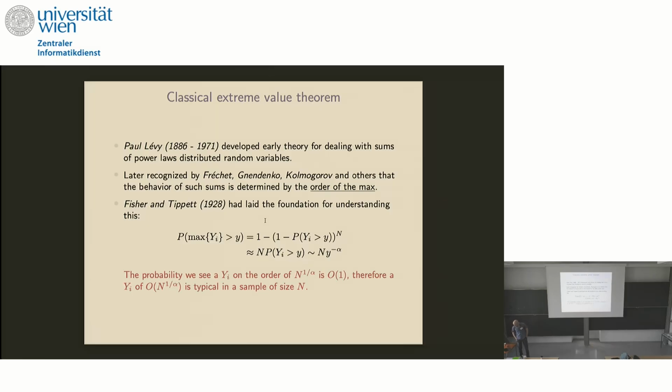And that means that if I want to see the probability to be order 1, I should plug in for y something on the order of n to the 1 over alpha. So that's basically saying that I'm likely to see, in a sample of n power law distributed random variables, something on the order of n to the 1 over alpha.